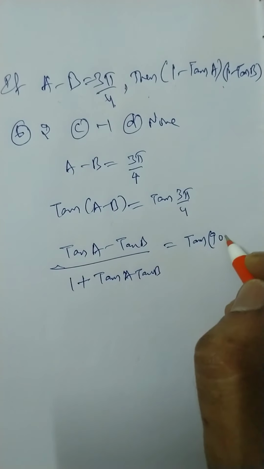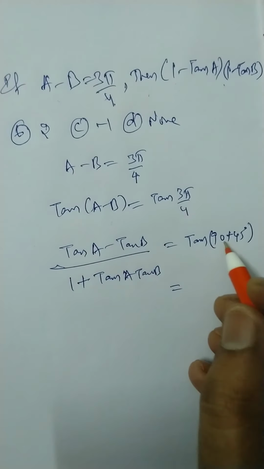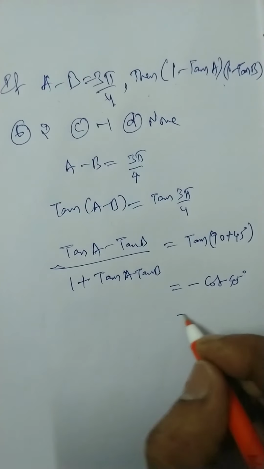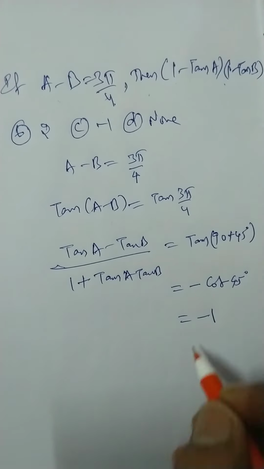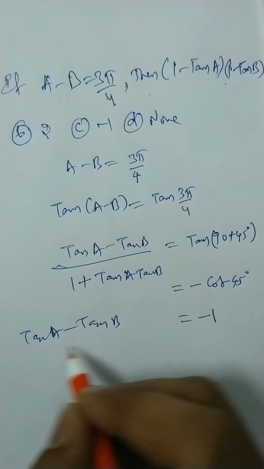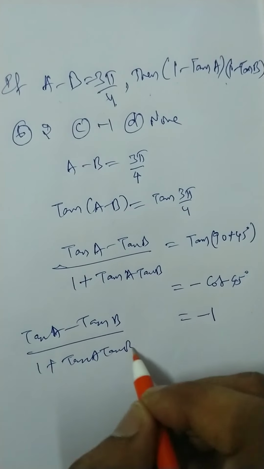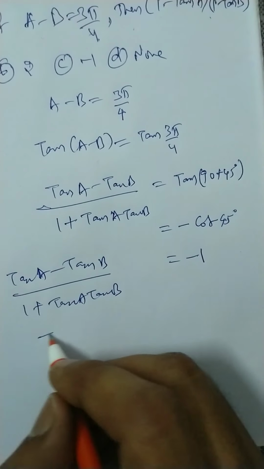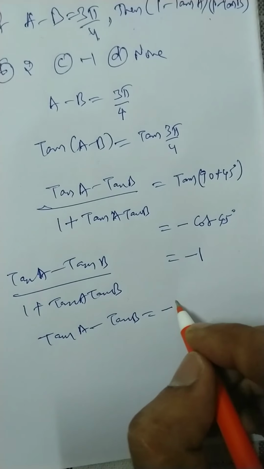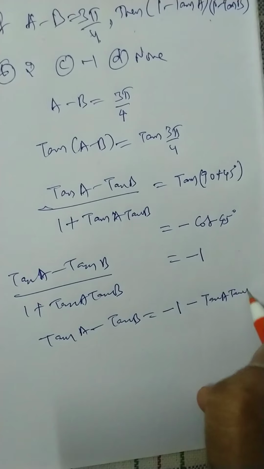So it is tan of 90 plus 45 degrees, which is in the second quadrant. Tan of (90 plus theta) is minus cot theta. So we get minus cot 45. Cot 45 is 1. So here we have (tan a minus tan b) by (1 plus tan a into tan b). Now taking the cross multiplication, tan a minus tan b equals minus 1 minus tan a tan b.